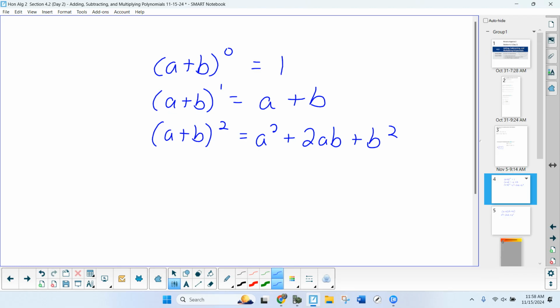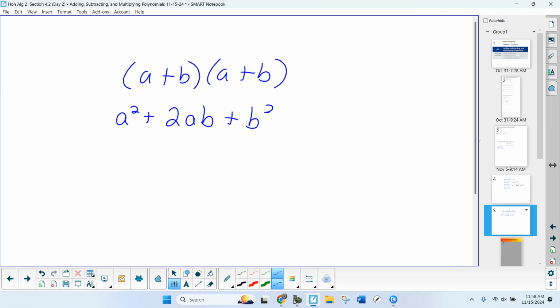You guys with me? What if I do it to the 3rd power? Well, if I do it to the 3rd power, you would then have to multiply this by what? Another a plus b, right? Because we'd have to do it a 3rd time.